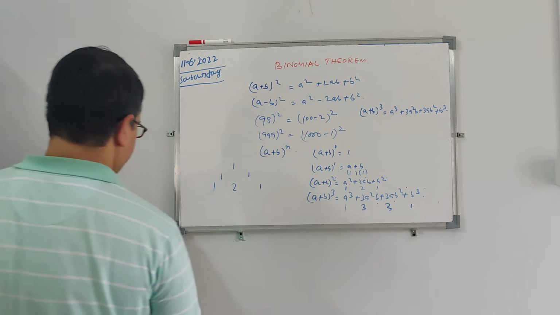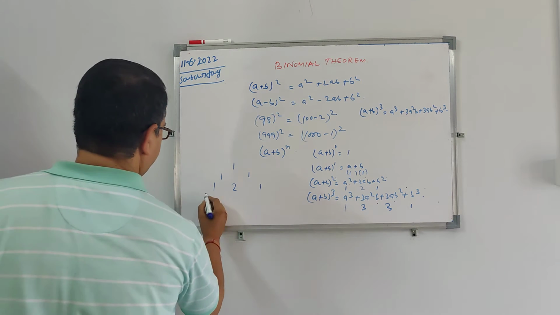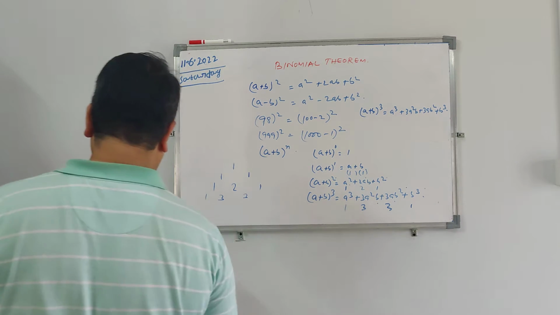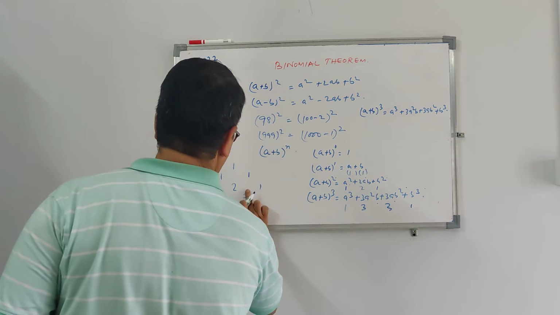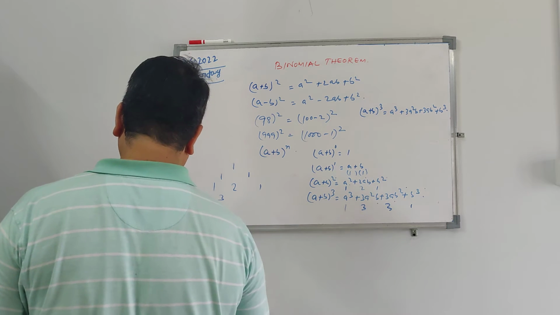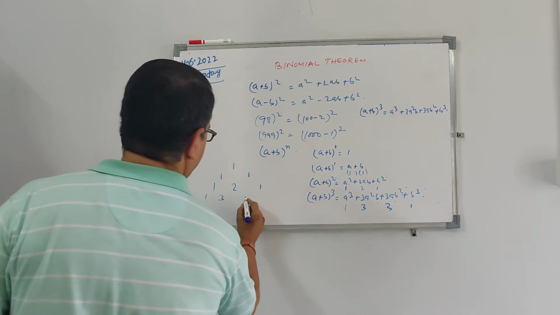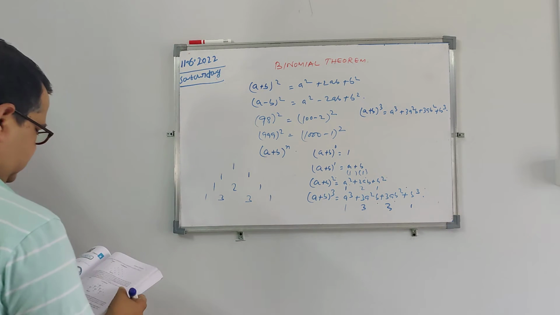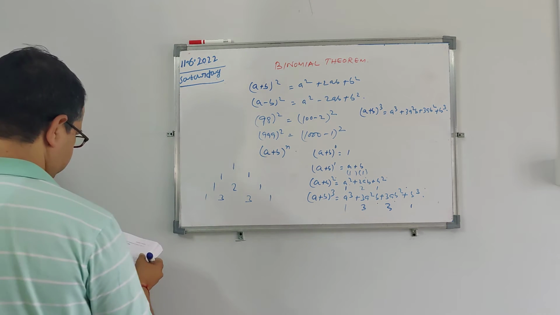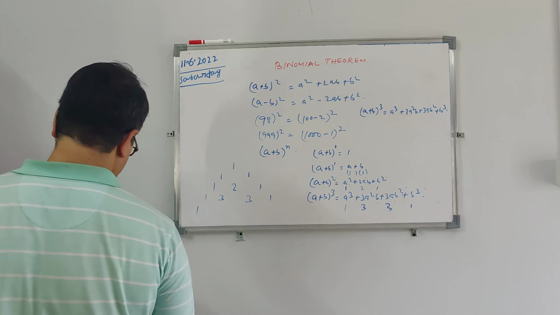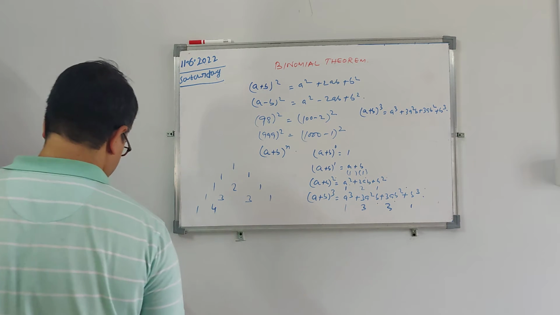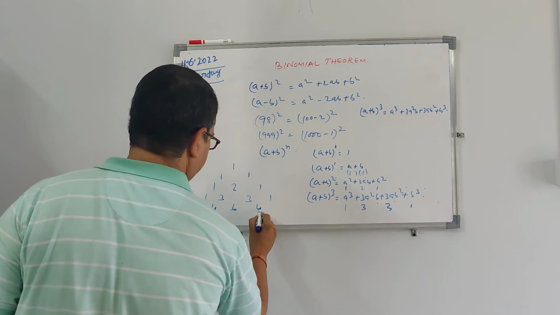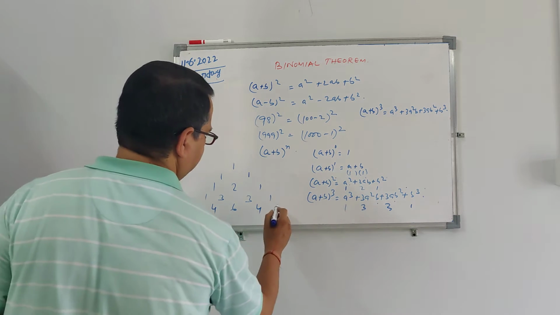Then this will become 1, 4, 6, 4 and 1, like that.